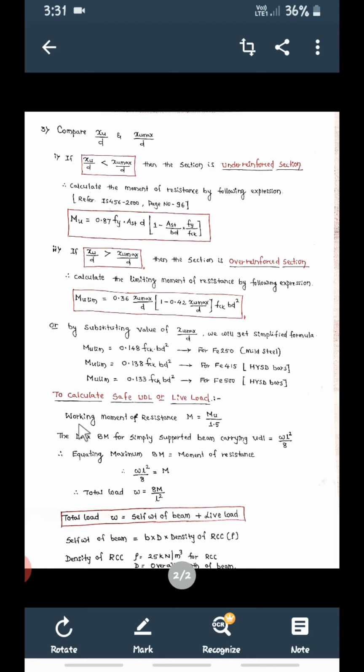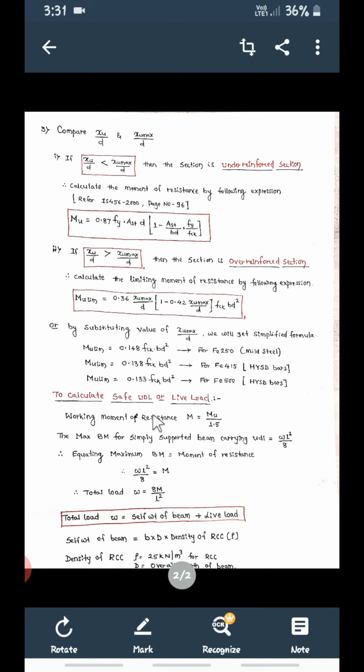Now I need to calculate M, not Mu, the working moment. So the working moment M is equal to Mu divided by 1.5.